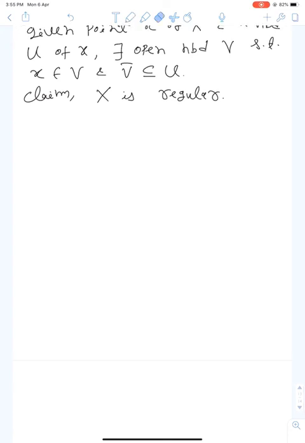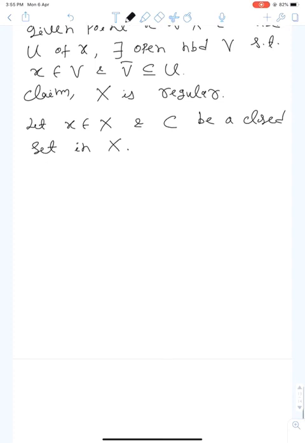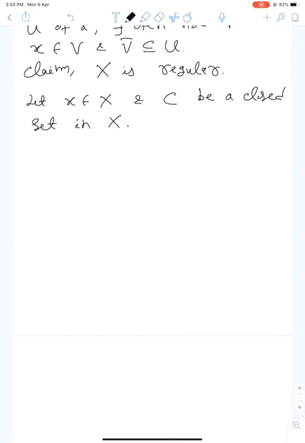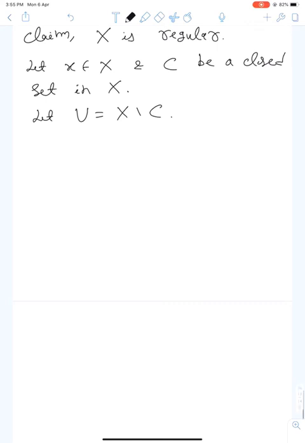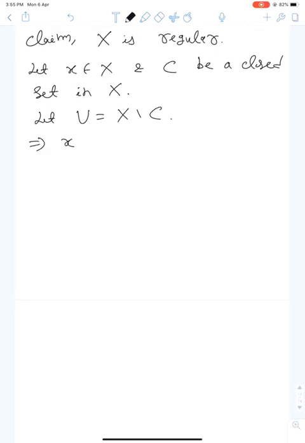Okay, so let x belong to X and C be a closed set in X. Now let U equal the complement of C, right? Now that implies x belongs to U and U is open.